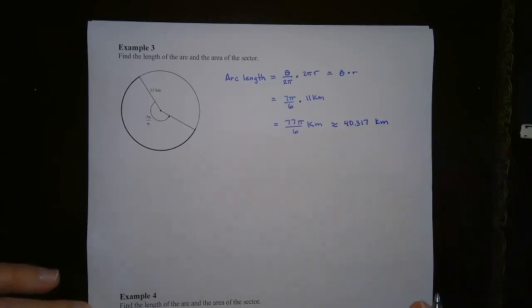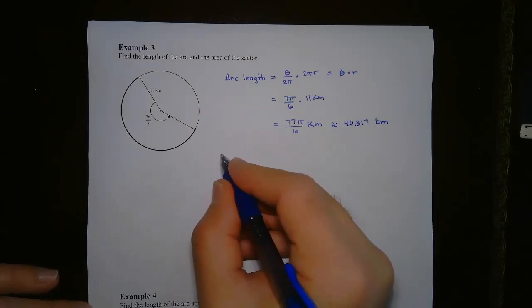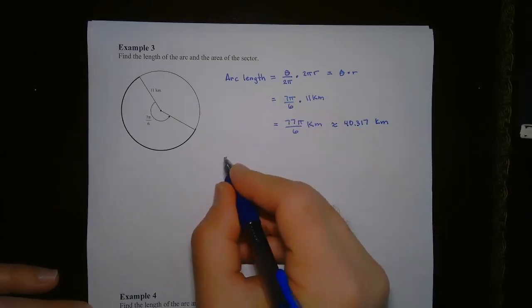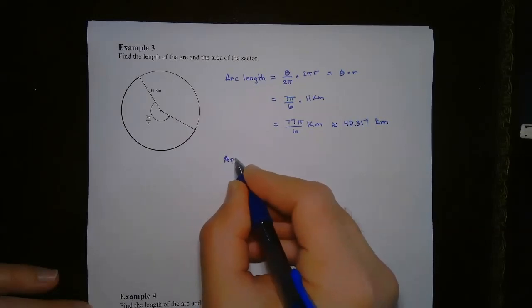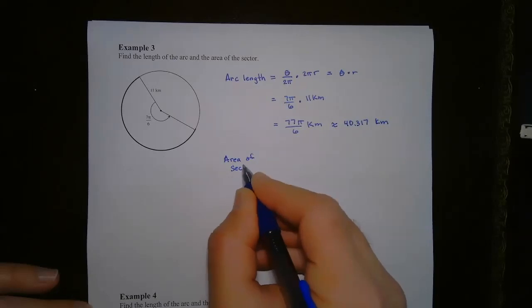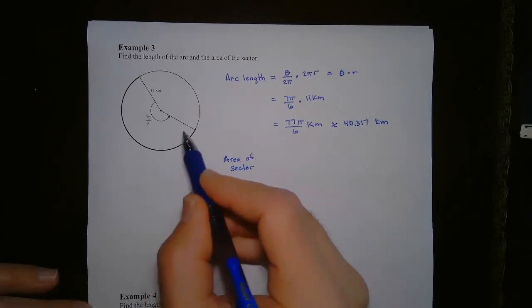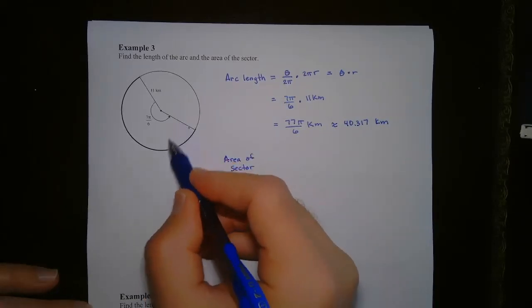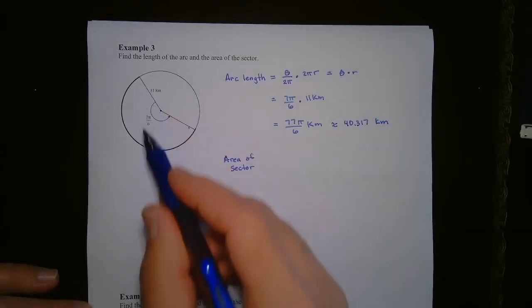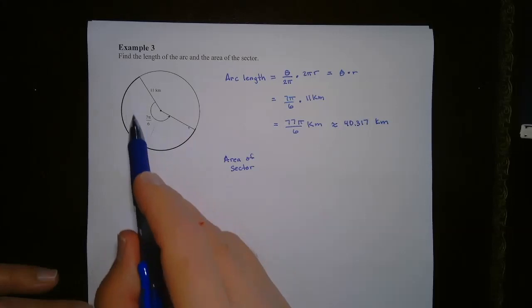All right, how about the area of the sector? So not arc length, we just did arc length. The area of the sector would be this area in here that I'm trying to shade in a little bit for you so you can see. It'd be all of this shaded region right in here.